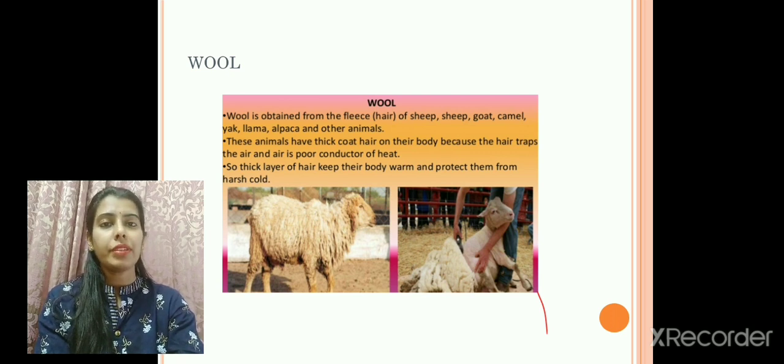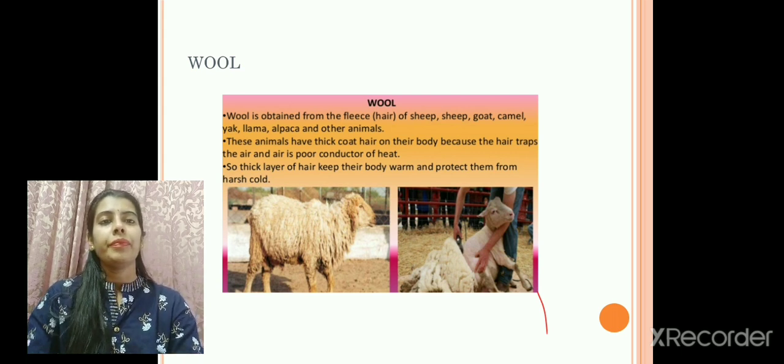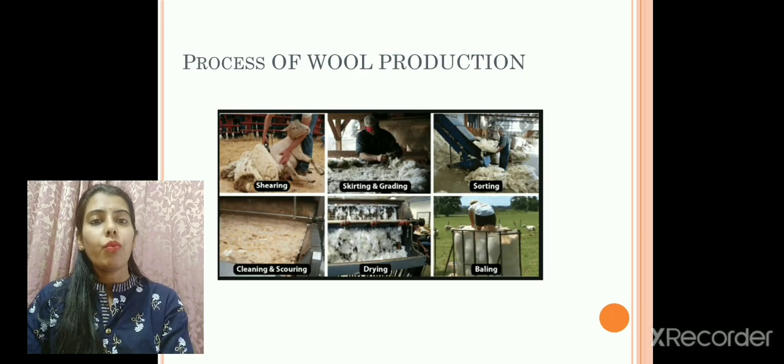This trapped air is a very bad conductor of heat, which helps to conserve the body heat of the animal and doesn't allow the outside cold to enter. This is how woolen clothes protect us in the winter season. So woolen fabrics are used for the winter season to keep our body warm.